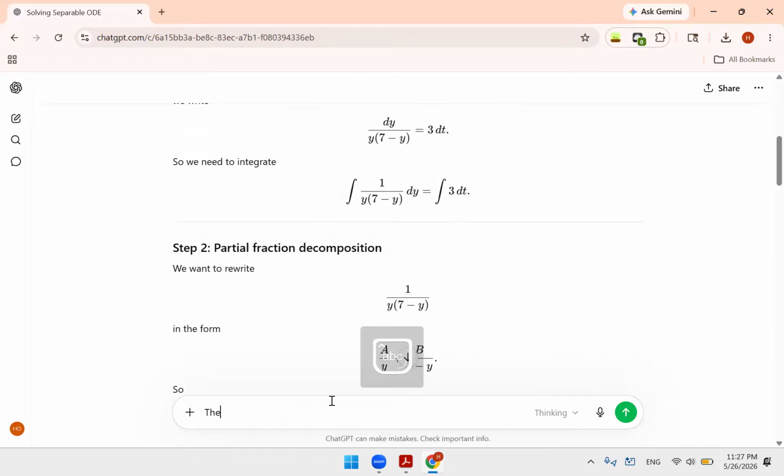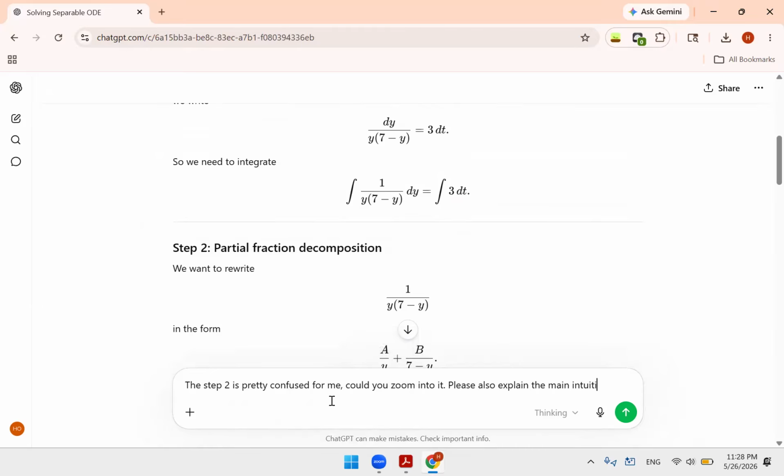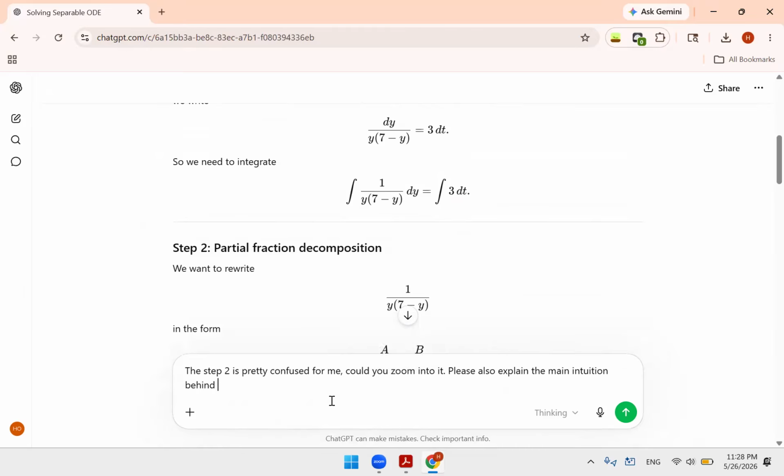Step two is pretty confusing for me. Could you zoom into step two? Please also explain the main intuition behind it and why we need to do it.